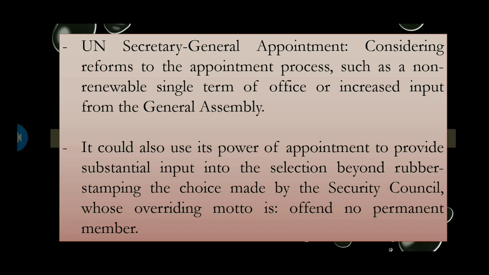So, it implies a lack of critical evaluation or independent judgment, leading to a superficial or automatic approval process. So, lack siya og critical evaluation, pag-evaluate. So, the choice made by the Security Council whose overriding motto, offend no permanent member. So, wala joy permanent member ani.